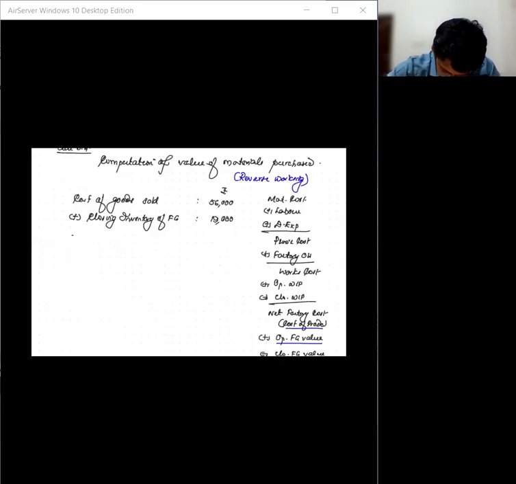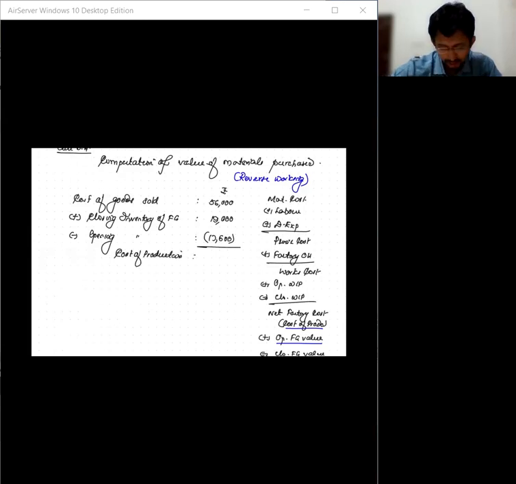So 19,000, now less opening inventory, that is 17,600. So net amount works out to 56,000 plus 19,000 minus 17,600. It is cost of production. Cost of production is 57,400.